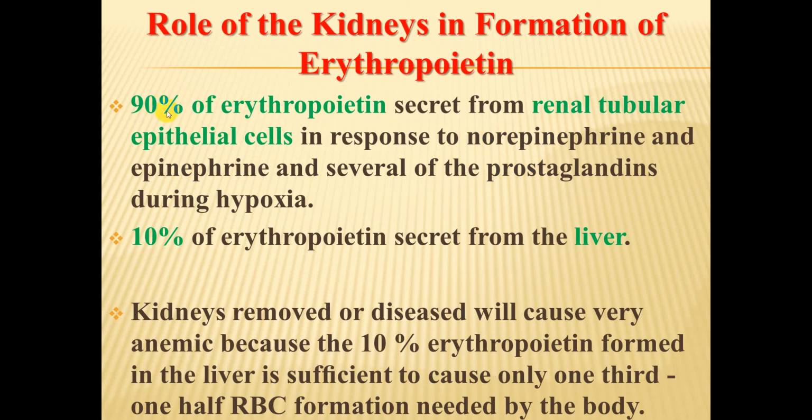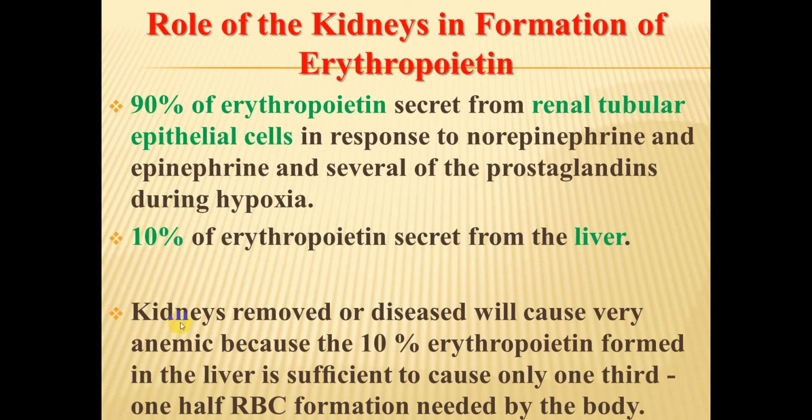Is the kidney the only organ that secretes erythropoietin? No. We said 90% is secreted in the kidney, and the remaining 10% of erythropoietin is secreted from the liver, from hepatic cells.